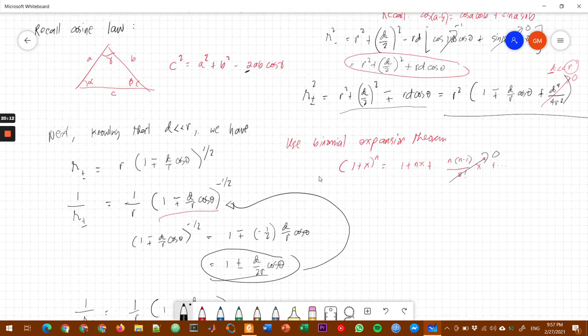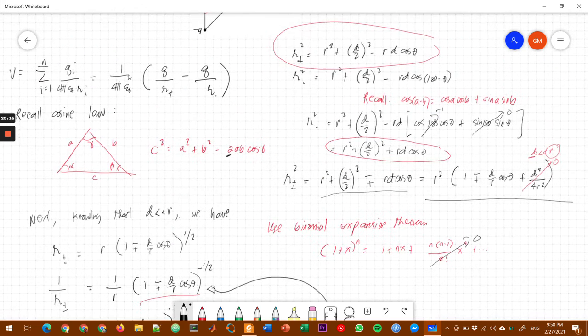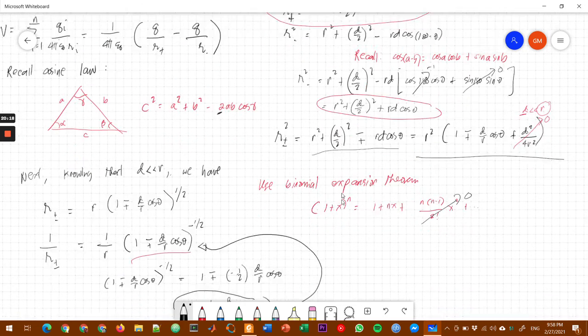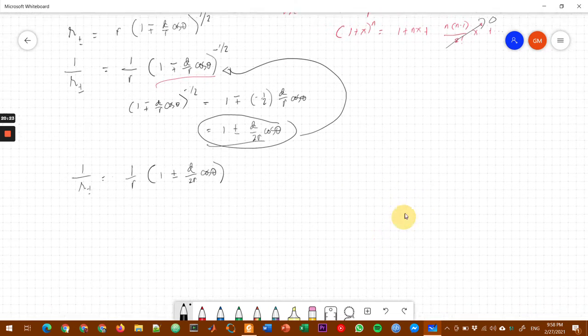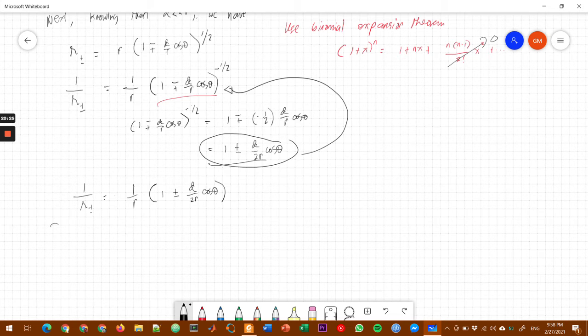Then we can do this one in the picture: 1 over R plus minus 1 over R minus equals 1 over R times (1 plus d over 2R cosine theta) minus 1 over R times (1 minus d over 2R cosine theta).